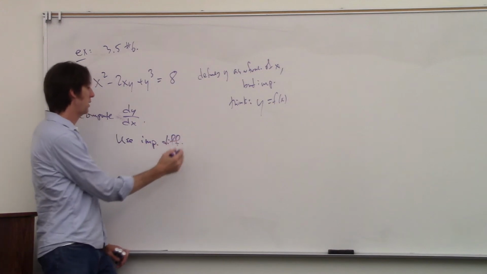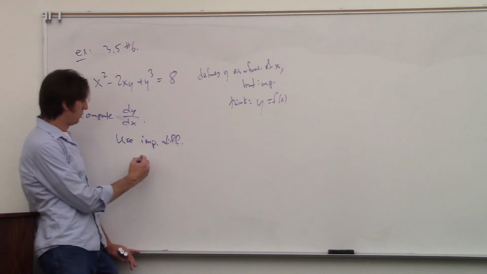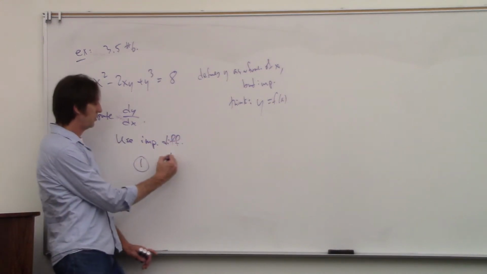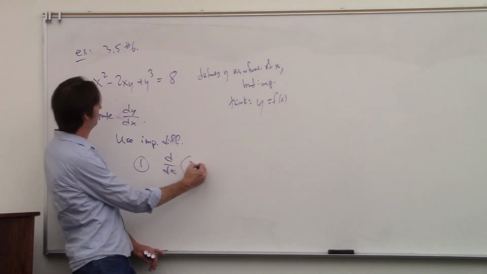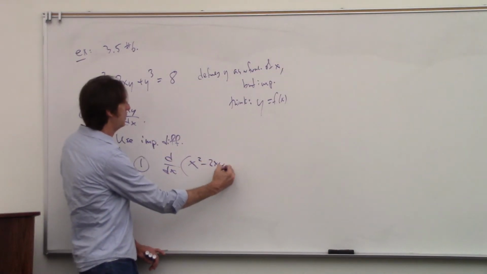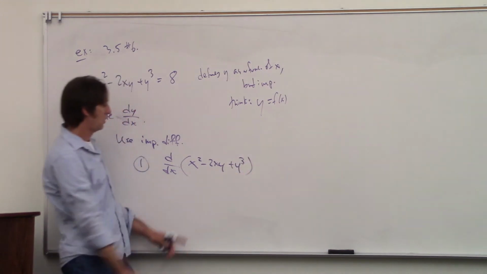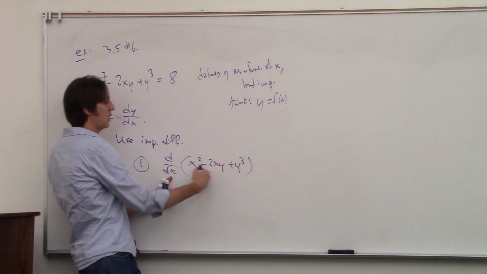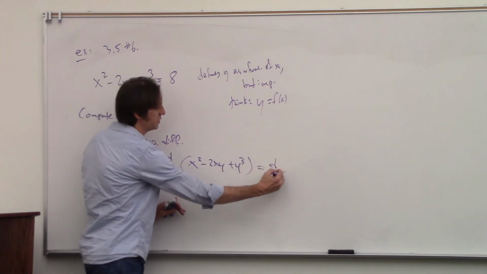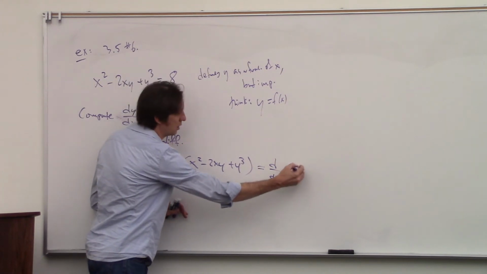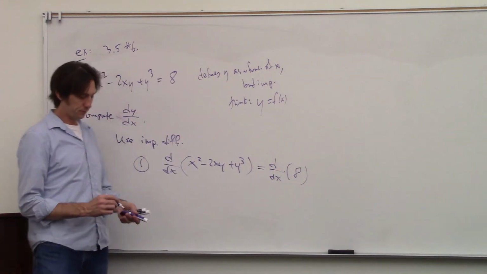All right, and so I just go through the algorithm. With step 1, I'm going to do the derivative with respect to x of both sides of the equation. There's the derivative with respect to x of the left-hand side, and that needs to equal the derivative with respect to x of the right-hand side.